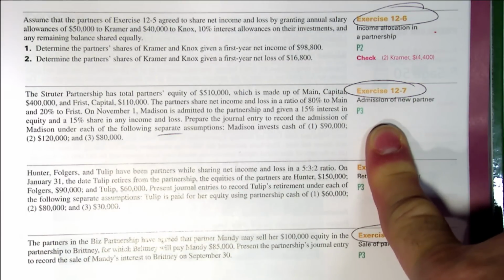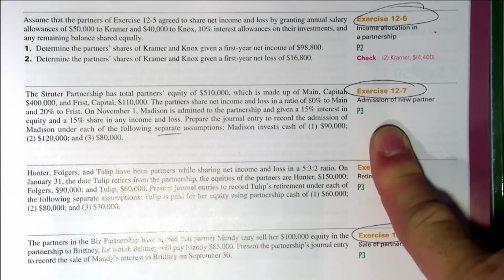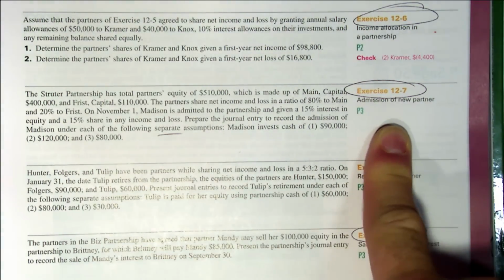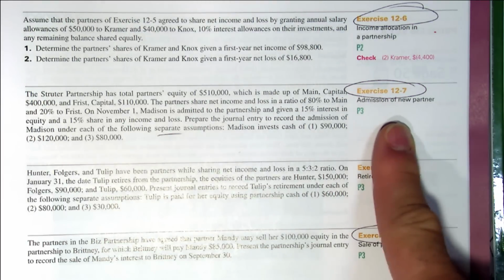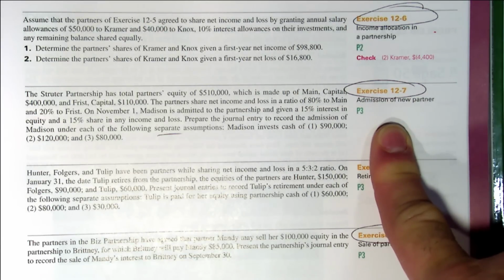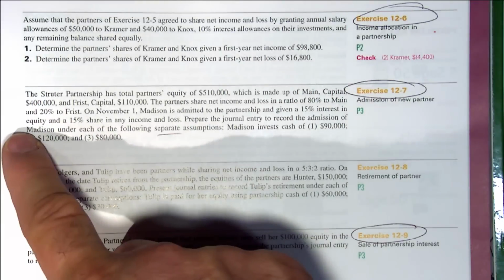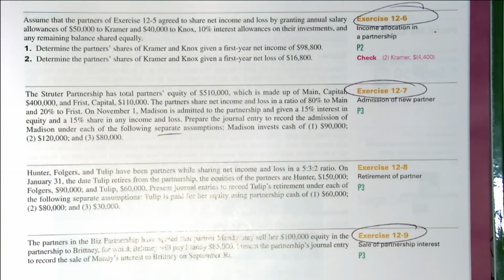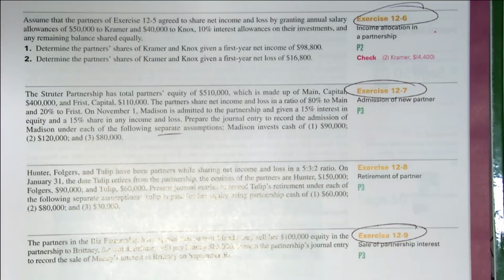The partners share net income and loss in a ratio of 80% to Main and 20% to Frist. This is very similar to the bonus question, isn't it? On November 1st, Madison is admitted to the partnership and given a 15% interest in equity and a 15% share in any income and loss. Prepare the JE to record the admission of Madison under each of the following separate assumptions. Madison invests cash of $90,000.